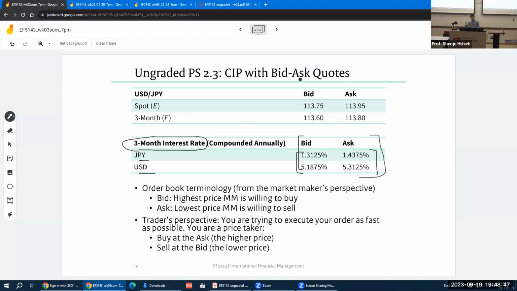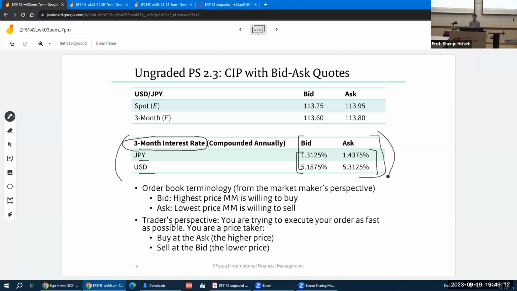You just have to go through the arbitrage steps and make sure you're using the appropriate ask or bid price, depending on whether you're selling or buying the foreign currency. And also interest rates. The intuition for interest rates is the following: if you're going to borrow from the bank and you want that quote immediately, the bank is only going to lend you at the higher quote.